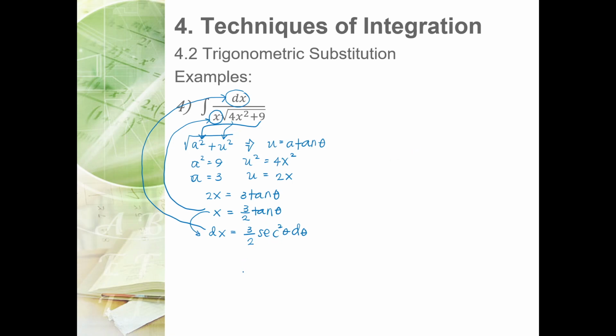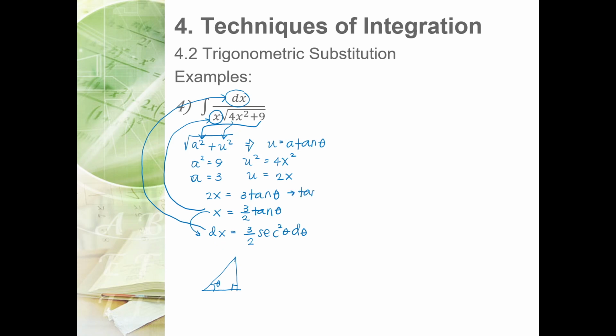So next is for us to create the right triangle. Theta. Again, as per formula, tangent theta, isolating this one.